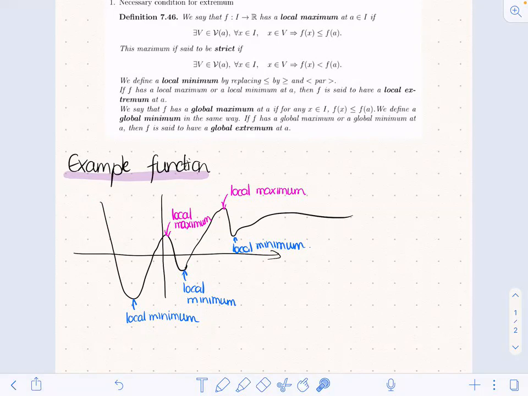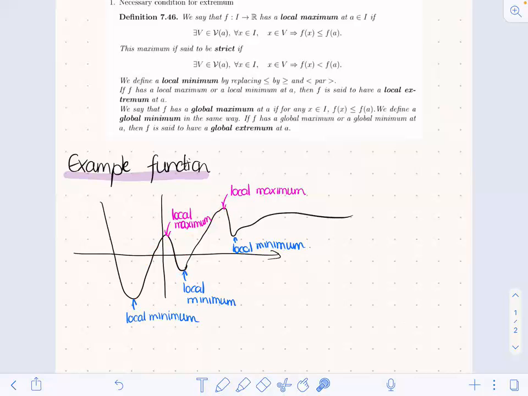For example, if we take the interval on R that's roughly around here on the x-axis, this point is greater than the images of all of these points, which are roughly this part of the curve. So this is a local maximum for the function. It's not a global maximum. For example, this point here is much higher than this point, but we can find an interval for which this point is a maximum. Similarly, we can find local minimums, so this one, and this one.